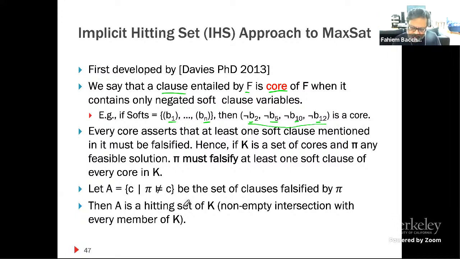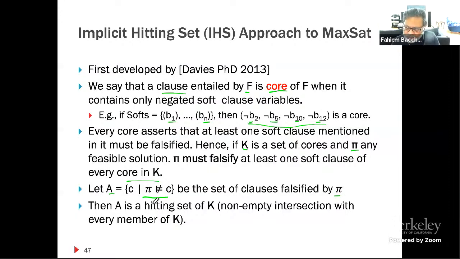So that means that if you have a set of cores, a whole bunch of such clauses, then any feasible truth assignment must falsify at least one soft clause from every core in this set K. In other words, it must satisfy every clause in K. Now, if we look at the set of soft clauses that are falsified by a feasible truth assignment pi, let's call that set A, we see that if we regard these clauses as sets of literals, this set of clauses falsified by pi is in fact a hitting set of my set of cores.